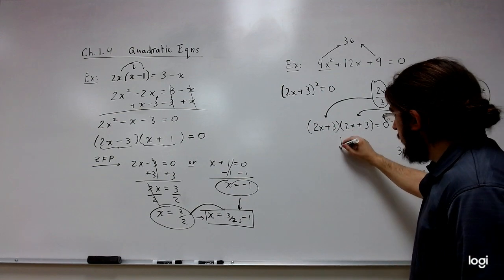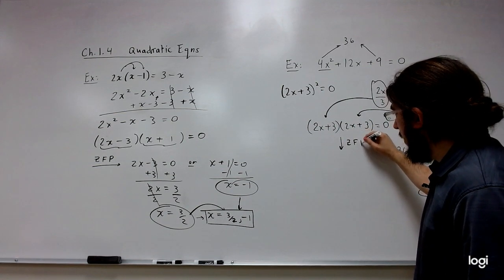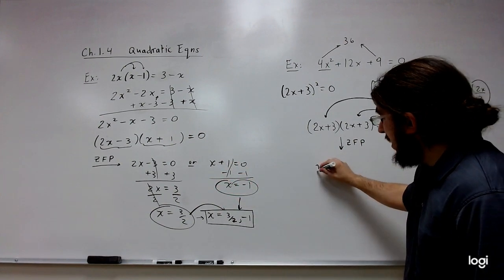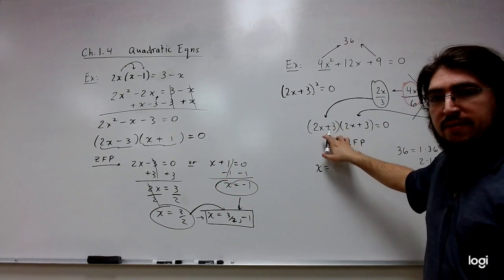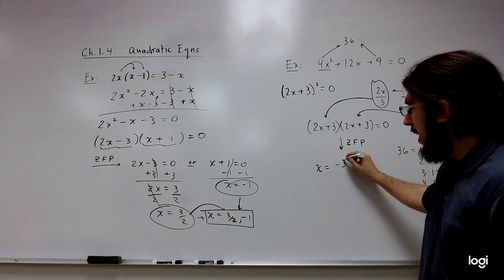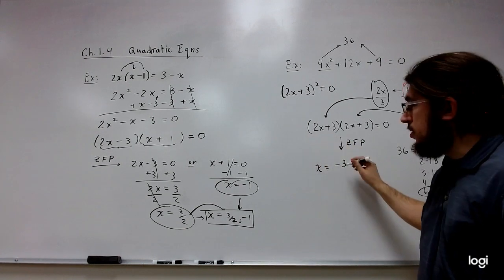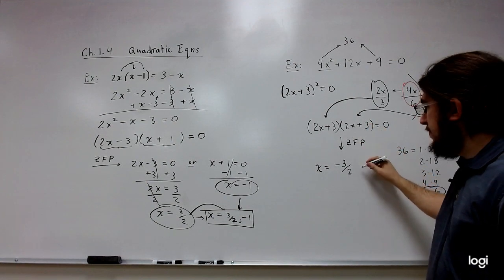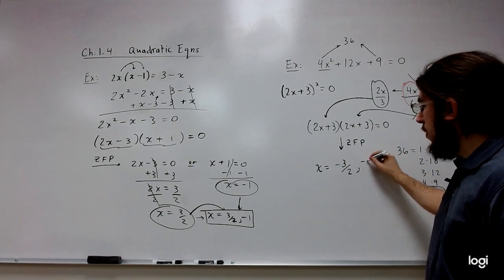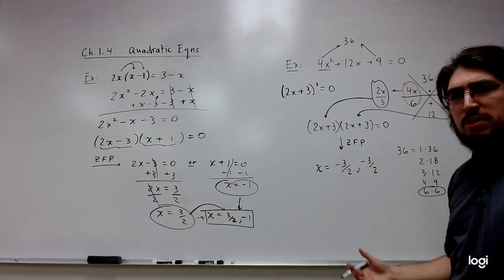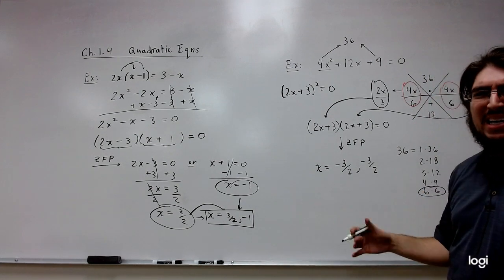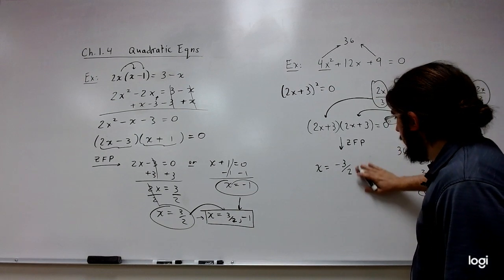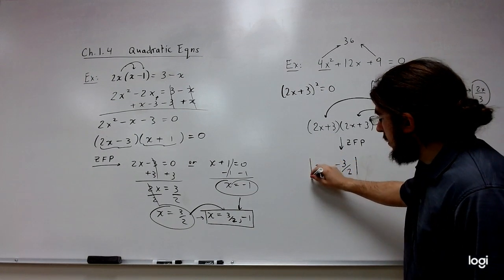So now, applying the zero factor property, let's see if we can apply that little bit of advice I just gave you. What do you do to find x right away? You change the sign of the number, so negative 3, and divide by any number in front of x, 2. In this case, you would get the same thing. So if you wanted to, you could write x equals negative 3 over 2, comma negative 3 over 2, but they're the same number, so I'm just going to say that this is our only number, and box that.